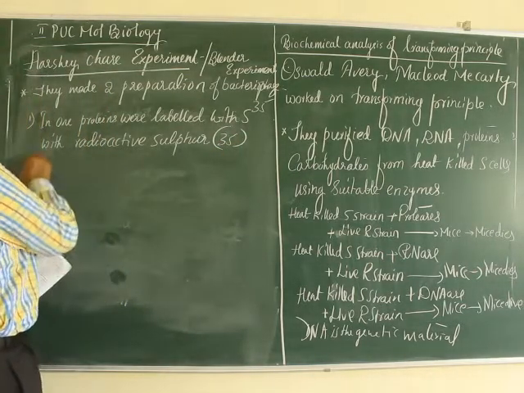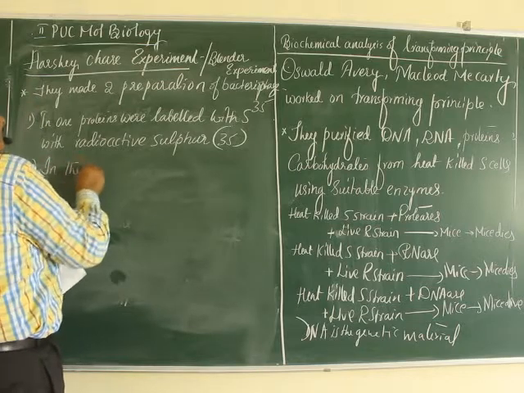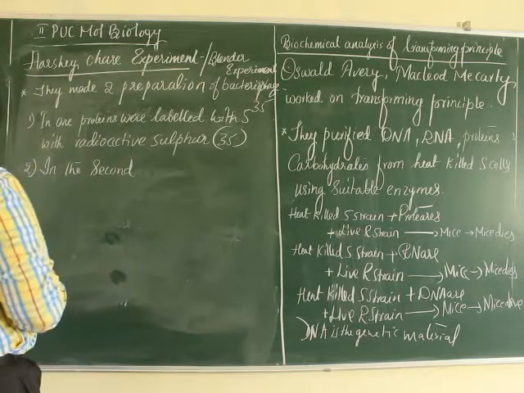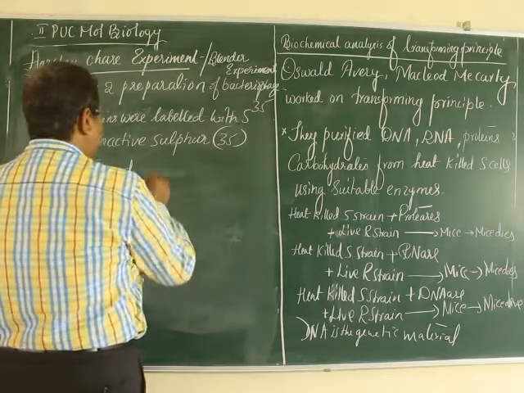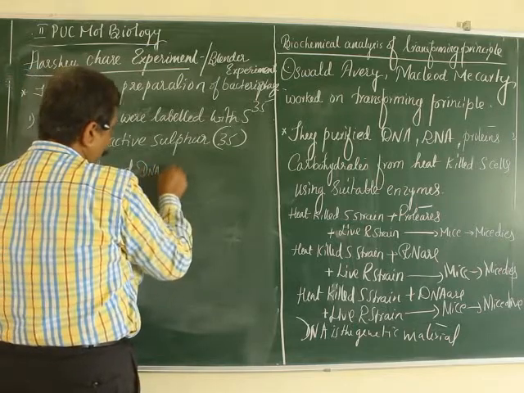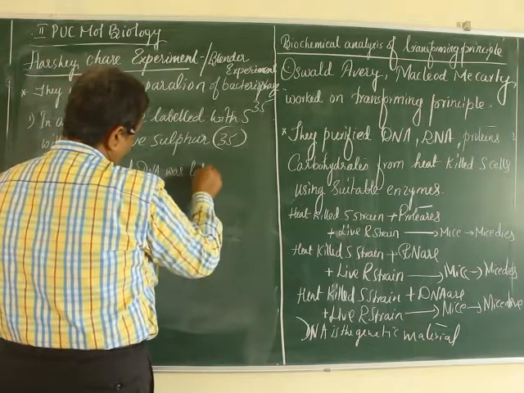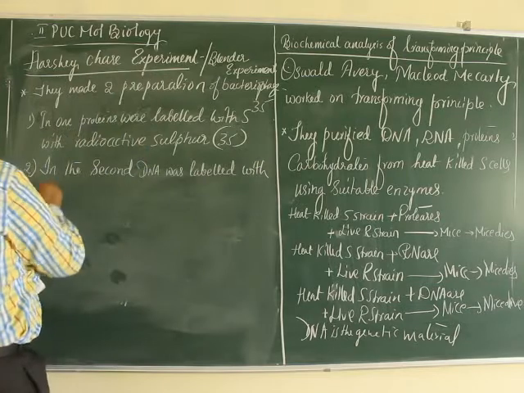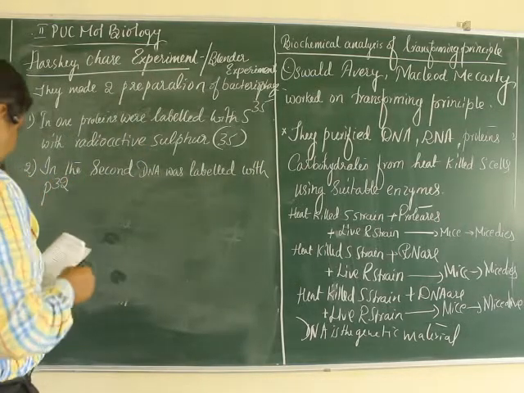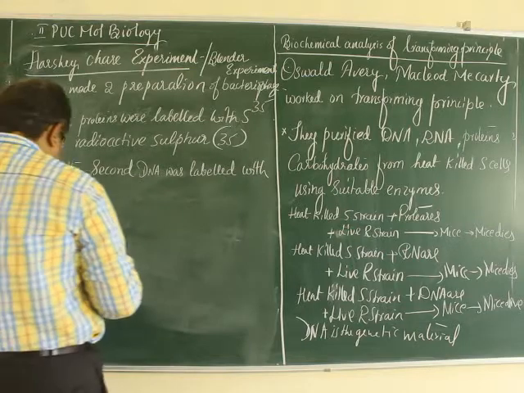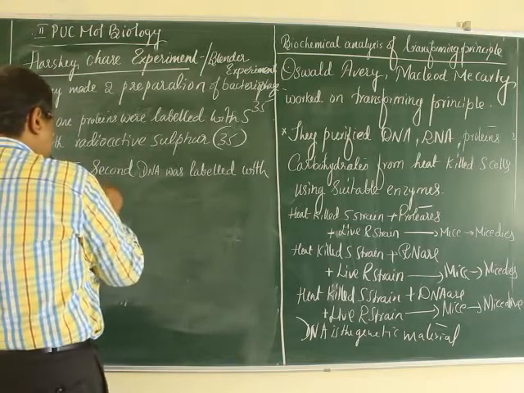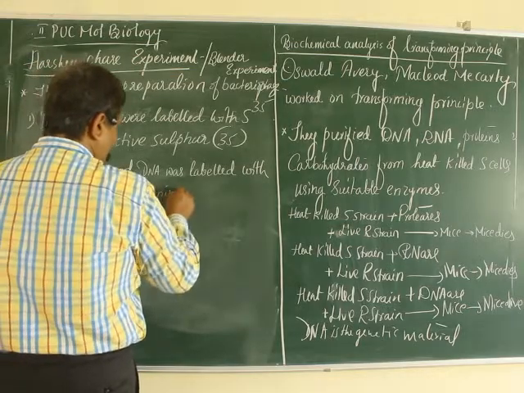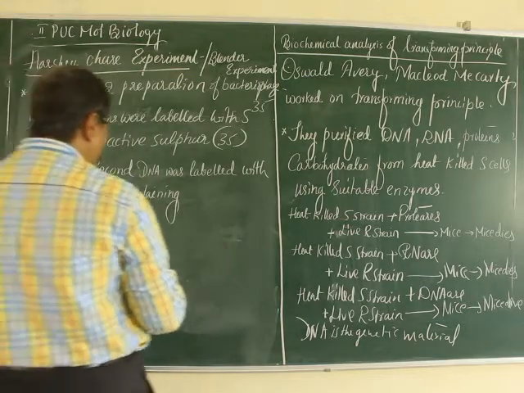In the second, DNA was labeled with P32, the medium containing radioactive phosphorus.